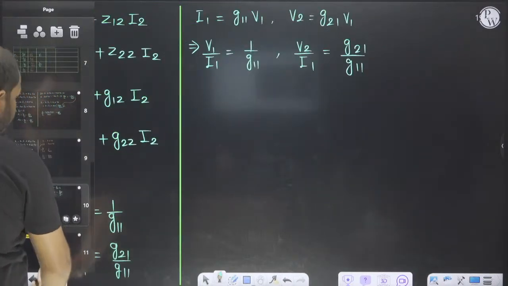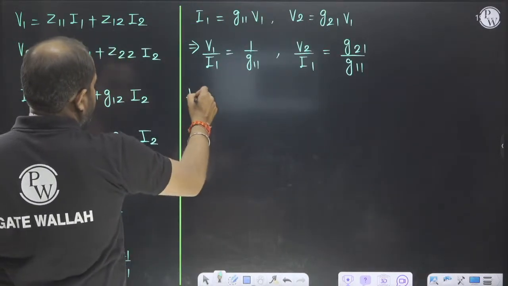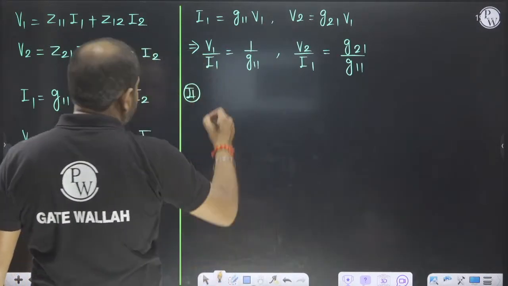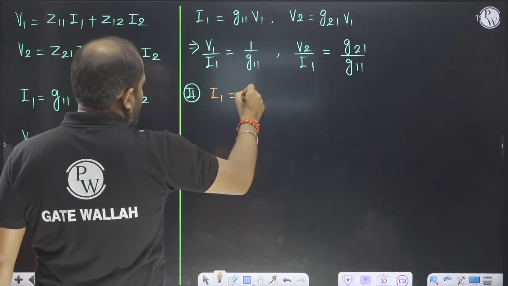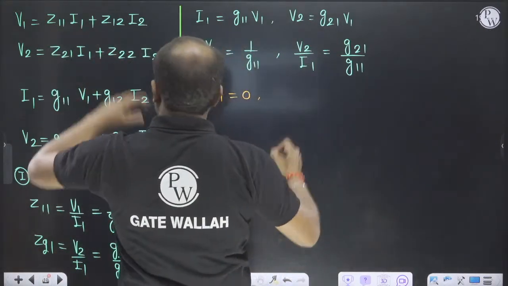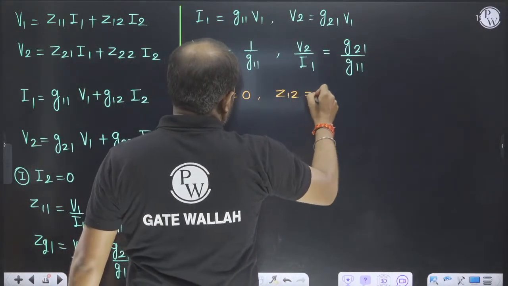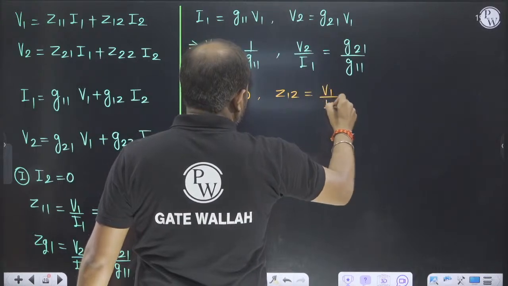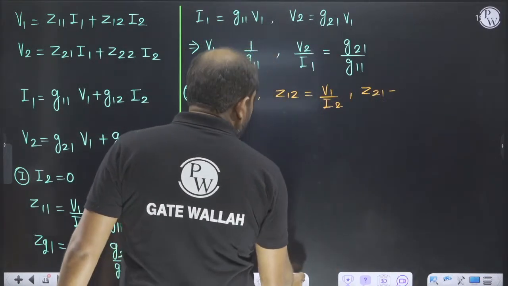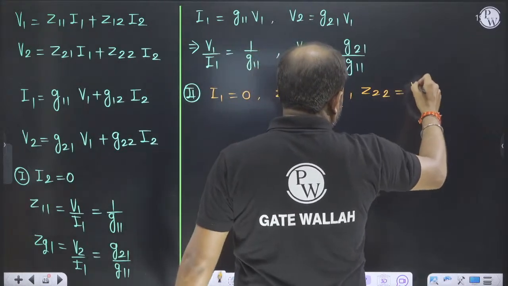Then we have the second case: make I1 equal to 0. Then we have I1 equal to 0, Z12 is V1 by I2, and Z22 is V2 by I2.